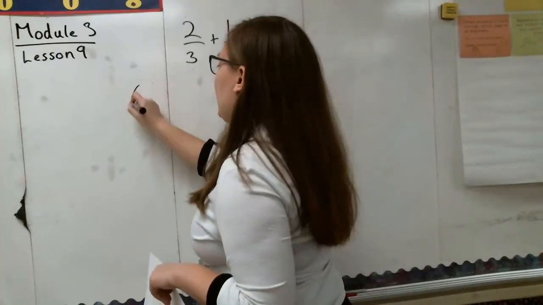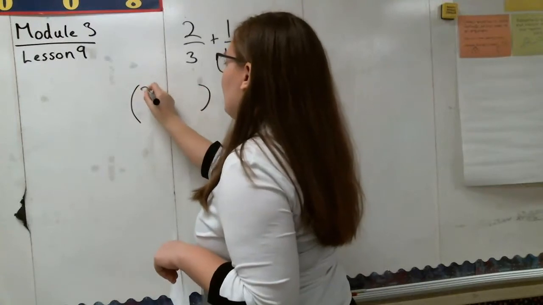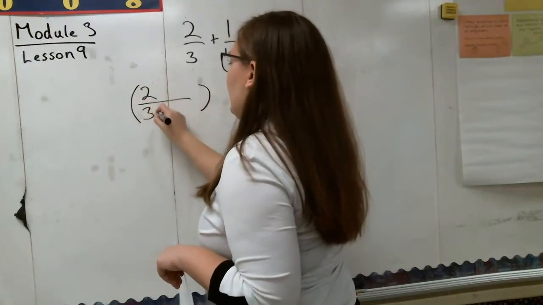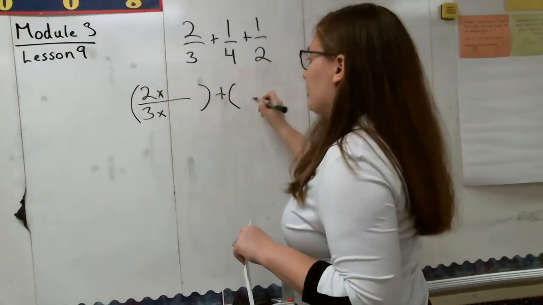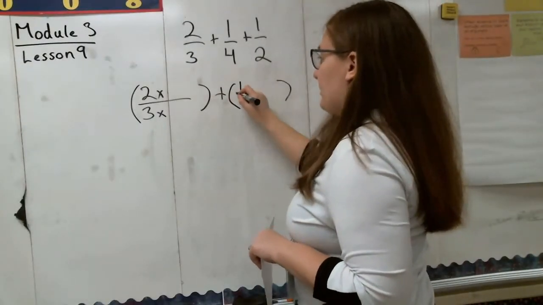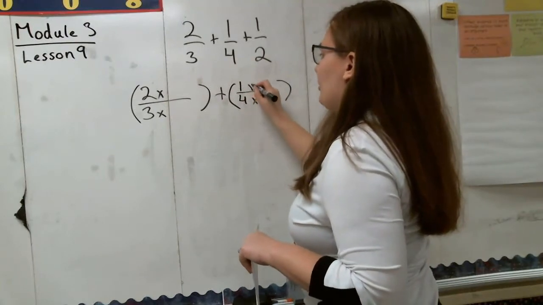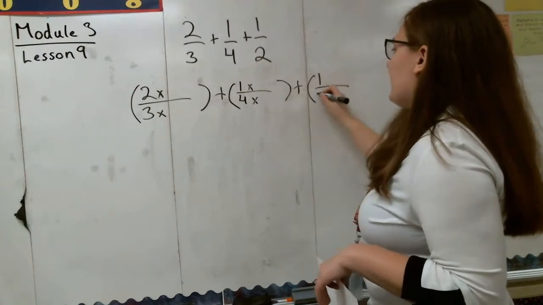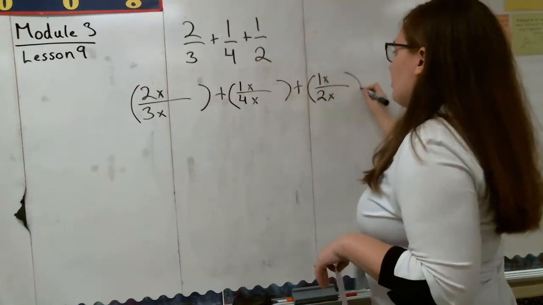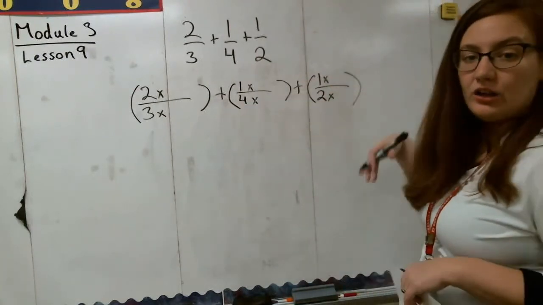But I am going to create this again. And this is pretty much how all your problems are going to start. So if you don't know how to start a problem, write out your problem just like this, and then start thinking what you can multiply each number by. And then we'll have a half. So this is what our problem is going to start out looking like.